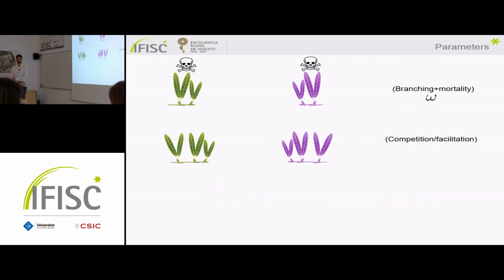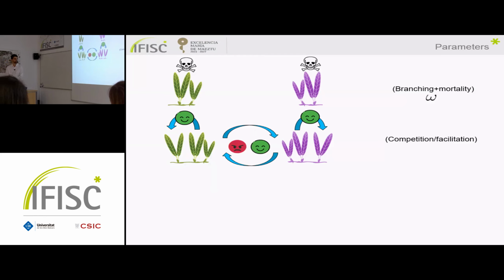Secondly, interaction for low densities, or this linear interaction term, where we have interaction within the same species that we consider always positive, and interaction between species that could be of facilitation or of competition. It is given by the parameter alpha, that is the ratio between the interspecific interaction and the intraspecific interaction.